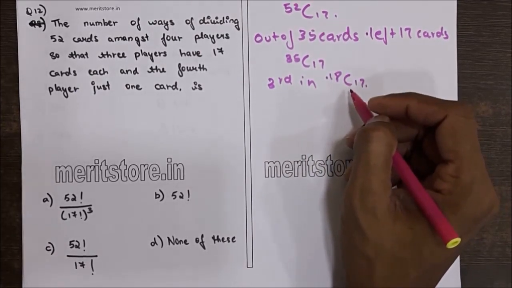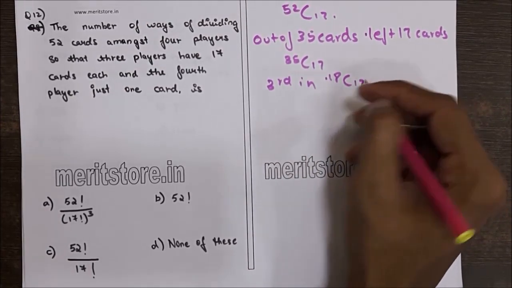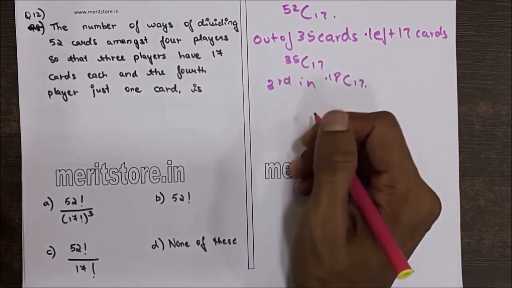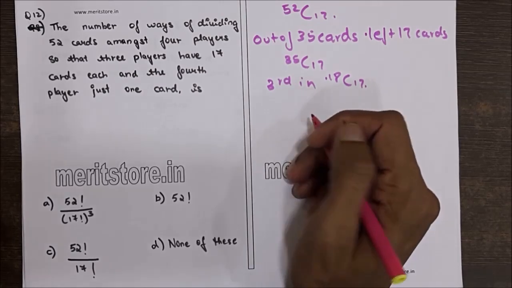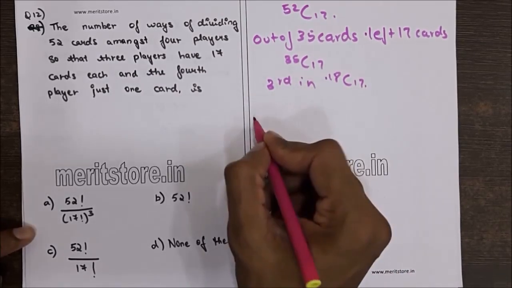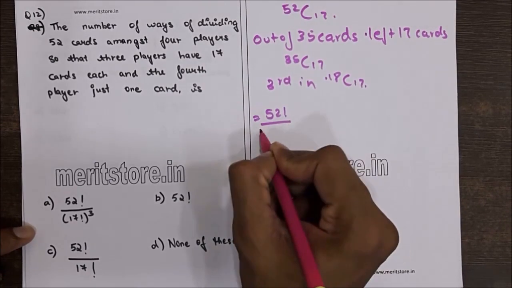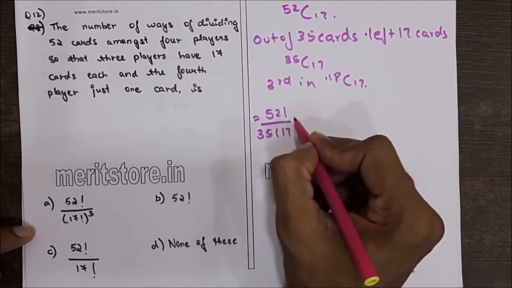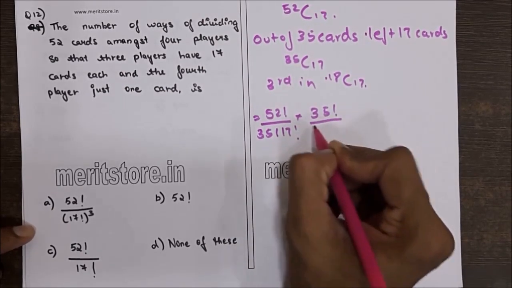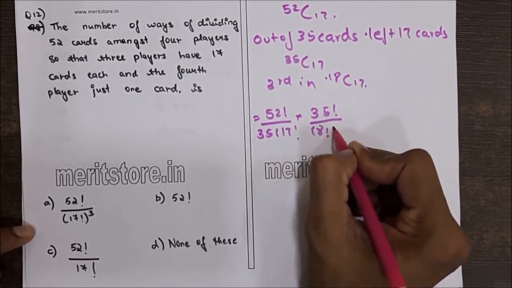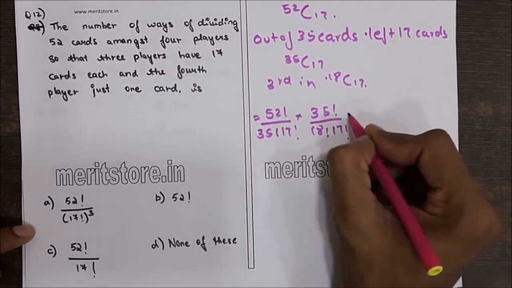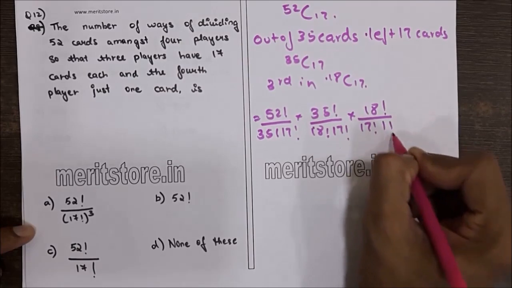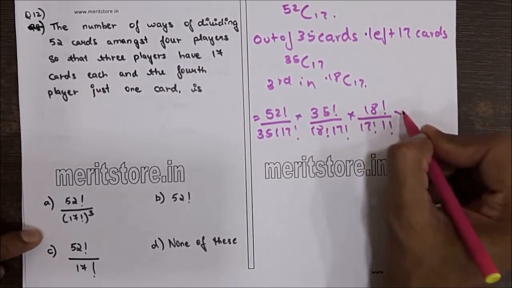One card for the last set can be put in only one way. Therefore, the required number of ways for the proper distribution can be written as 52 factorial upon 35 factorial 17 factorial, into 35 factorial upon 18 factorial 17 factorial, into 18 factorial upon 17 factorial 1 factorial, into 1 factorial.